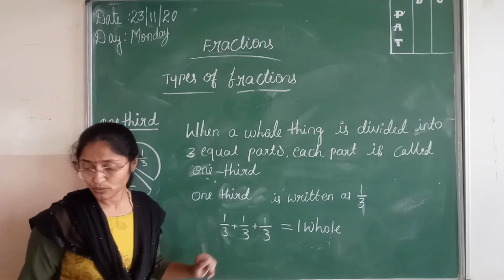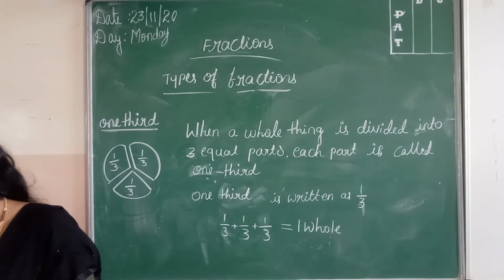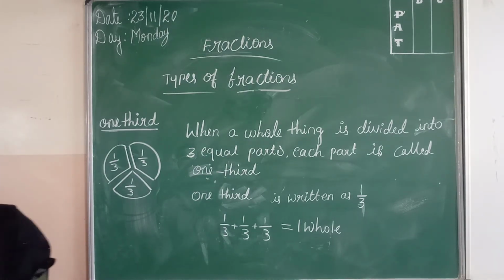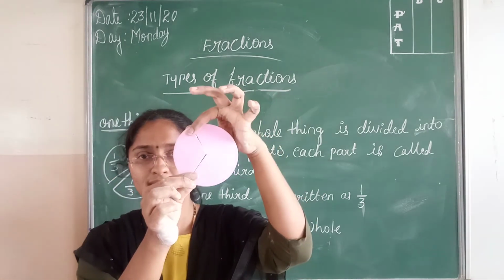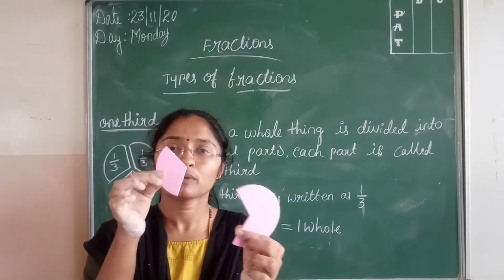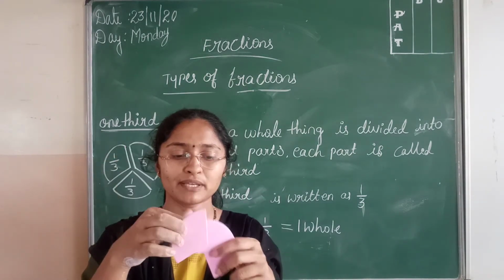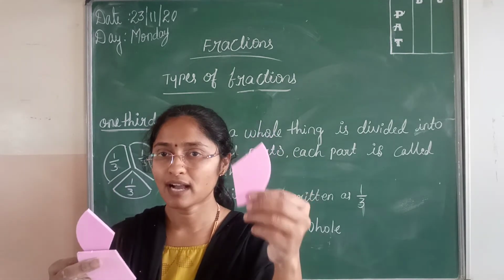So for example, I have here one more fraction to show you. Now this is a 1 whole. When we divide this 1 whole into 3 equal parts, we will get 1/3 of one piece and 1/3 of another piece and 1/3 of another piece.